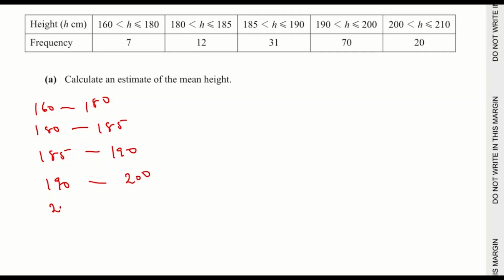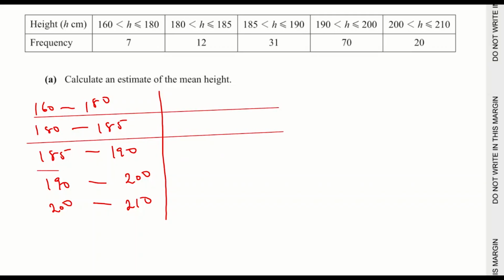So we have 200 to 210. Then you can find the average of the lower and the upper intervals. Okay, just permit me to rule a line like this. Okay, good.